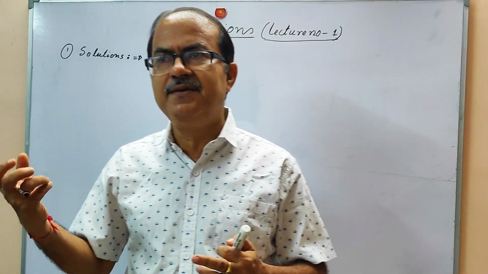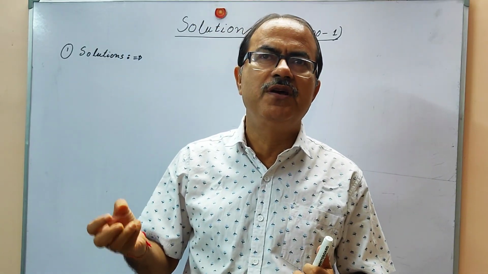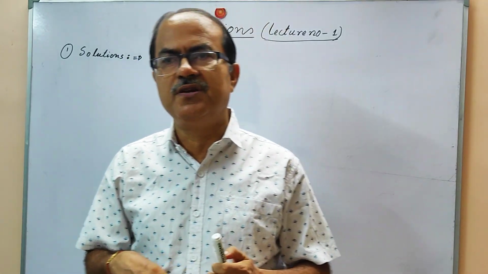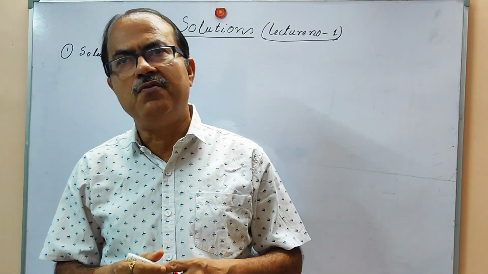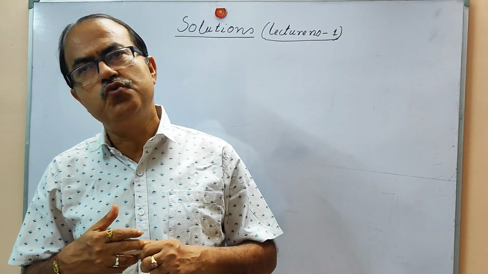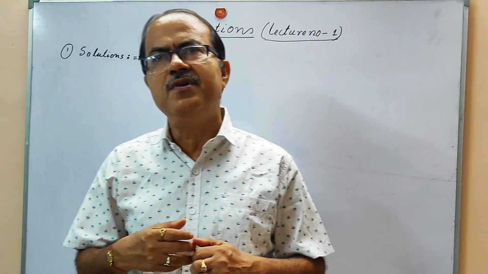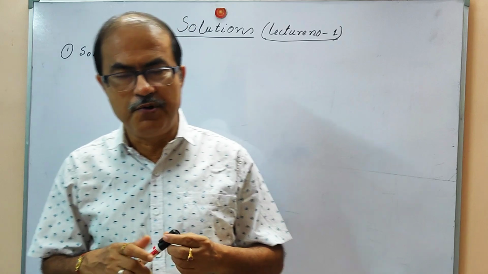Whatever sample of the solution you take, you will find the same properties and the same composition. That is why it is called a homogeneous mixture of two or more components. We will concentrate on binary solutions, where there are two components.